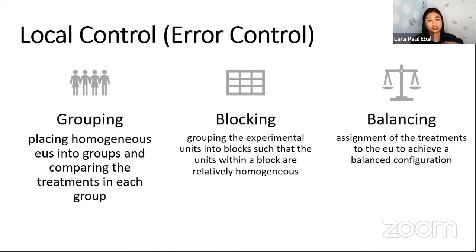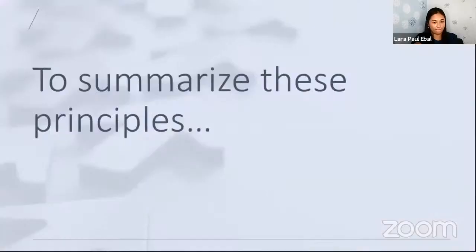So 4, 4, that's balanced. But sometimes in our experiment, one level is very difficult to acquire or expensive, so we cannot afford the same number of experimental units. So I can use fewer experimental units for that expensive level. But you can still analyze it even if unbalanced.